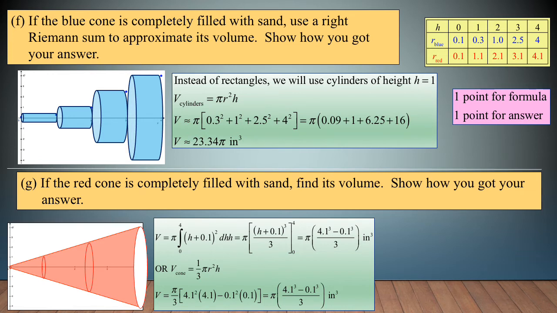So therefore, V would equal pi over 3 times 4.1 squared times 4.1 minus 0.1 squared times 0.1. This gives exactly the same answer, pi quantity 4.1 cubed minus 0.1 cubed all over 3 cubic inches.